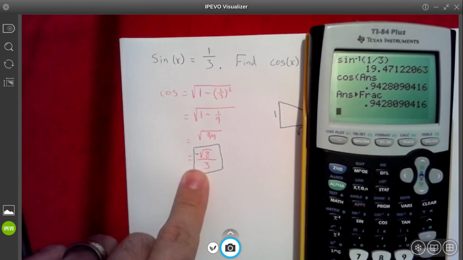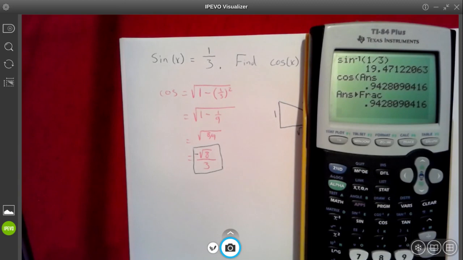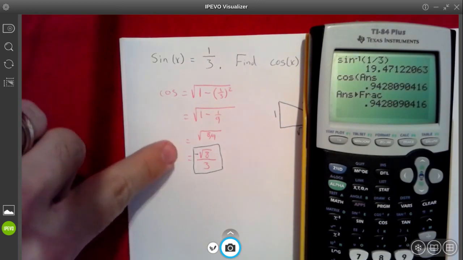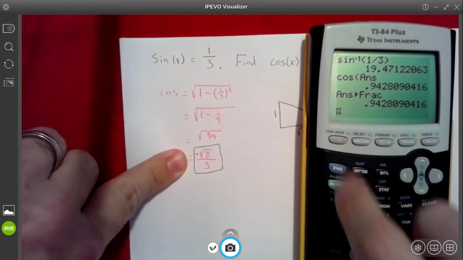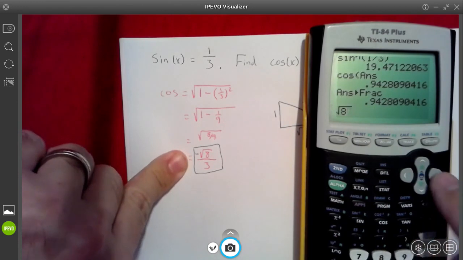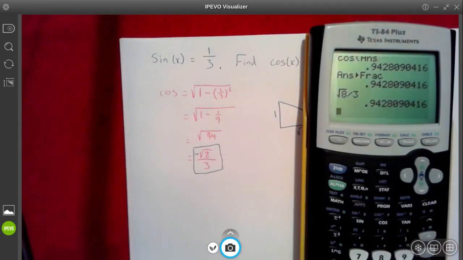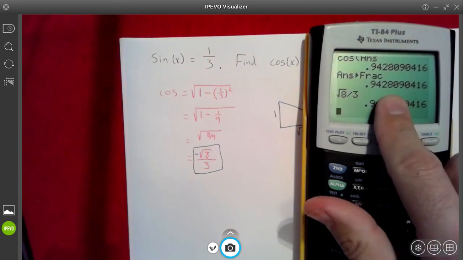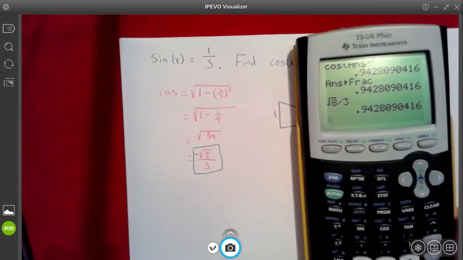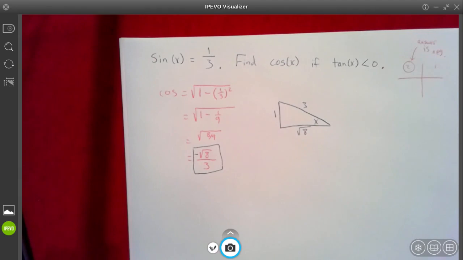It can't be turned back into a fraction. But if you test this out, like if you do square root of 8 divided by 3, you'll see that they're the same numbers. So it gives you your answer, but it gives it to you in decimal form. It's the only problem. All right, that's it.